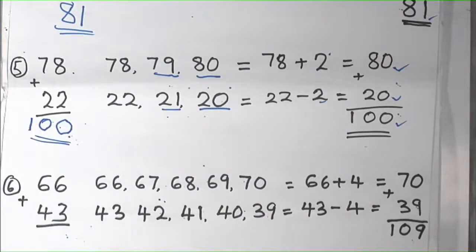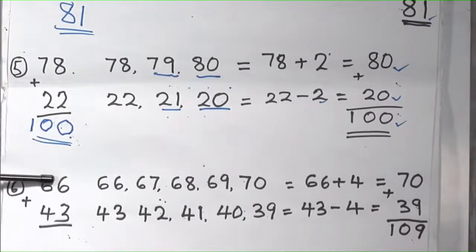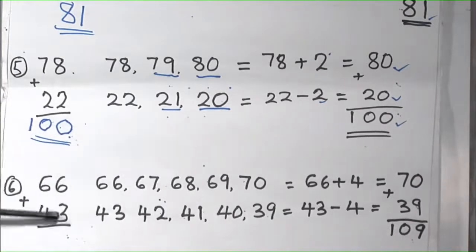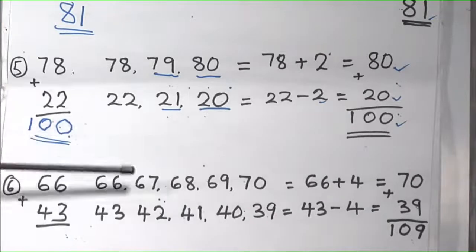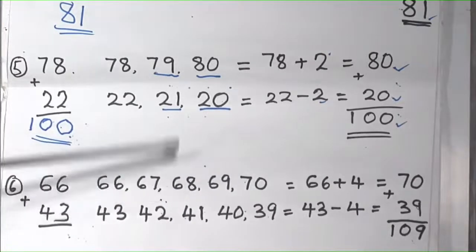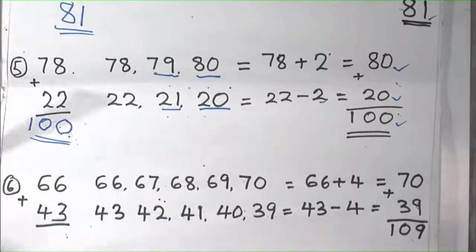Let's go to question 6, which is 66 plus 43. Now 66, the next number which will end in 0, so let's count, 66, 67, 68, 69, 70.